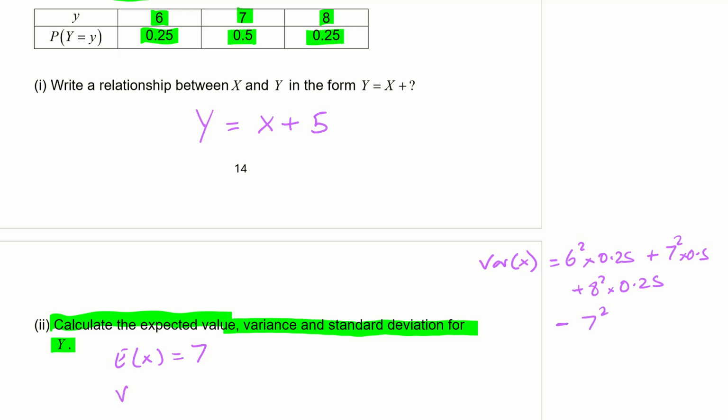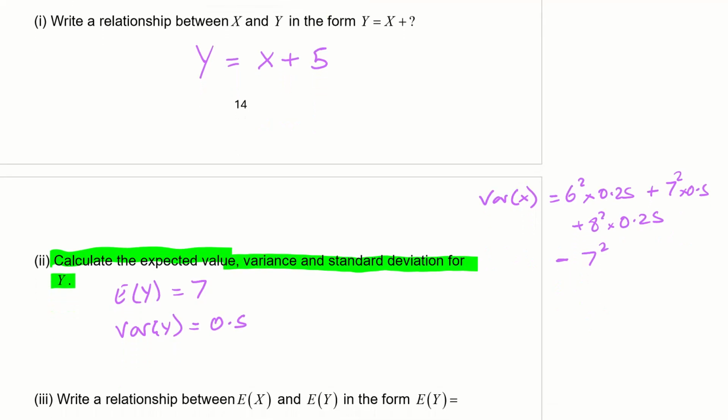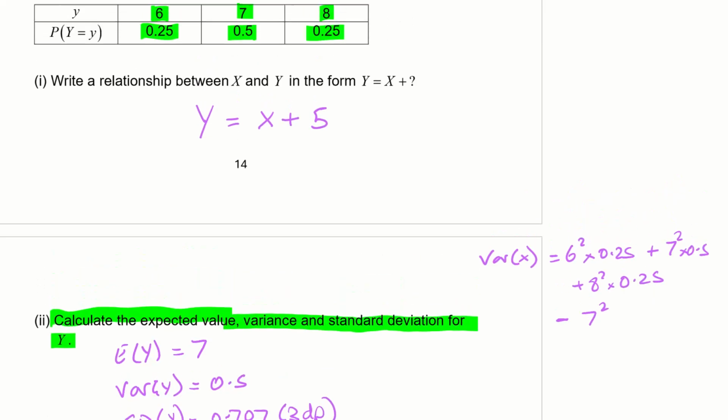And we find, if we calculate that, var y is 0.5. And then the standard deviation of y is the square root of that, which is 0.707 to 3 decimal places.